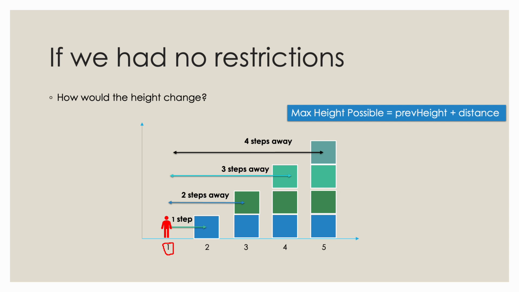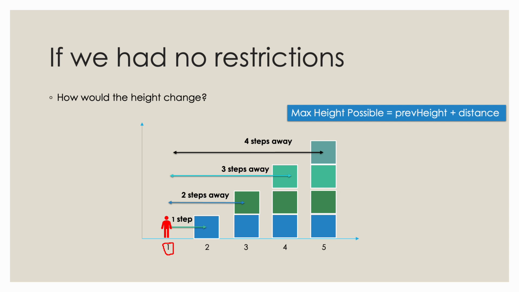When I look at building 2, I am one step away from building 1. So what is my distance? It is 1. What is my previous height? It is the height of the first building, which is 0. So my max possible height for building 2 is 0 plus 1, which is 1. Same for buildings 3, 4 and 5.